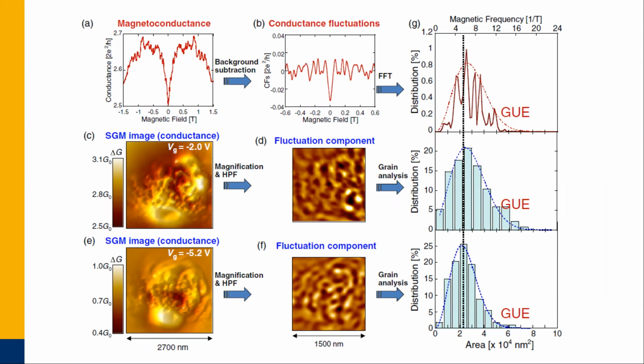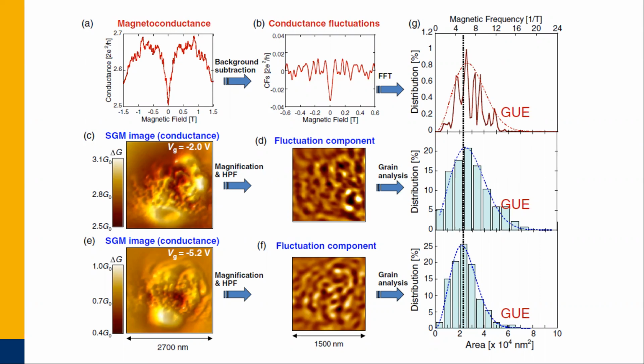First, magnetoconductance curves. This is the magnetoconductance curve, magnetic field on the x-axis, conductance on the y-axis. If you remove this slow background and take only the fluctuations, they are distributed according to a Gaussian unitary ensemble. Interesting. Now, if you take the images and take the fluctuations, exactly the same.